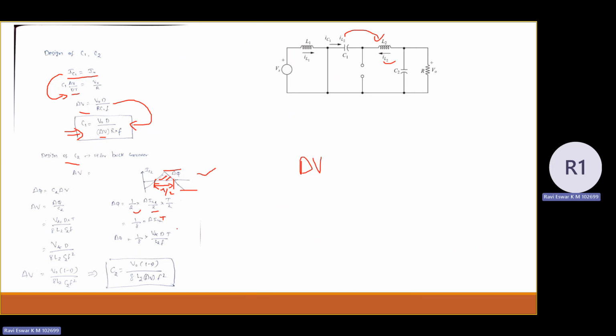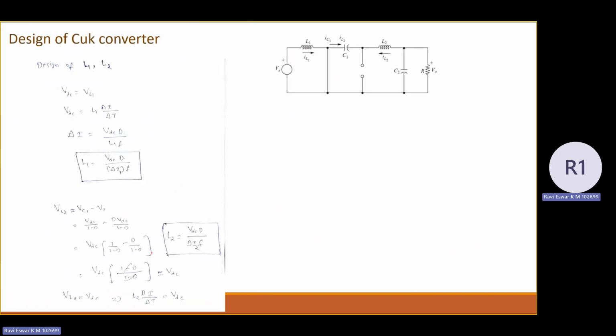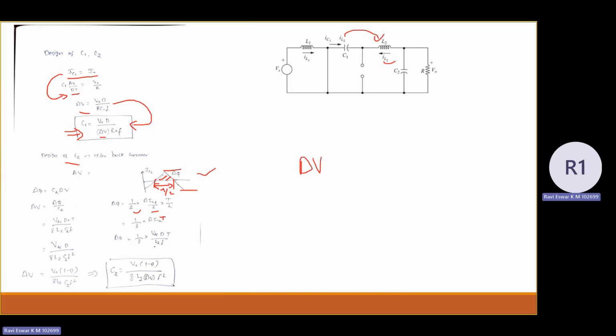So del IL2 is already known to us. What can we write here? This is del IL2: VDC D by L2 into F into T. So del IL2 I substituted VDC D by L2 into F into T. So now this change in Q, del Q, you substitute in the del V equation.